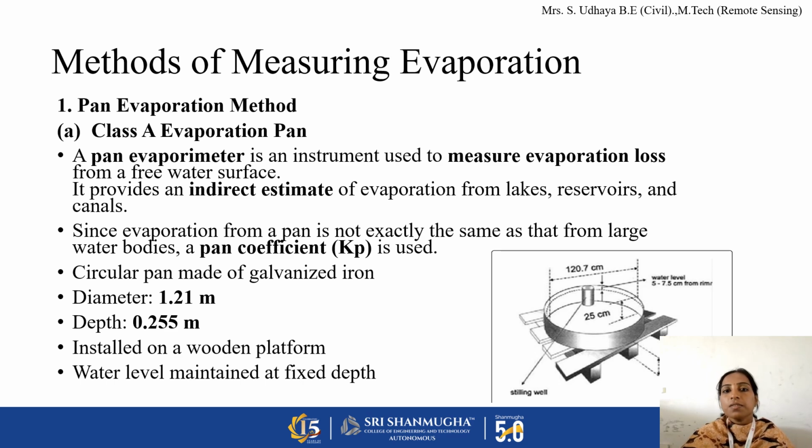We fill water in this pan, and in a 24 hour duration we can measure how much water is evaporated. It is a circular pan made of galvanized iron. It is installed on a wooden platform to maintain air circulation below, to ensure free movement and maintain the atmospheric temperature.